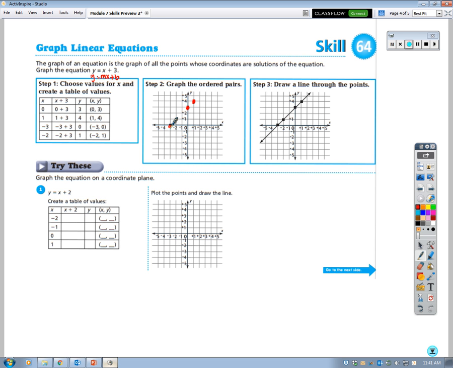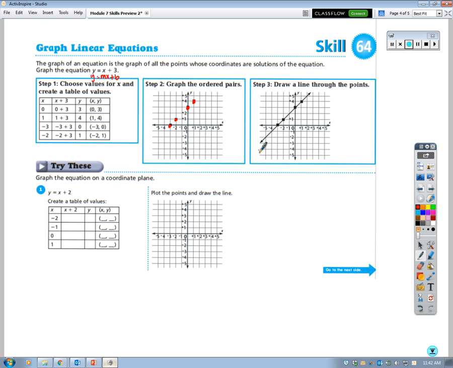And the last one, when x is negative 2, you plug it into the equation. Negative 2 plus 3 is 1, so y is 1. So your ordered pair would be x is negative 2 and y is 1. And here we find that. And then we just draw a line through the points, just like they did here.